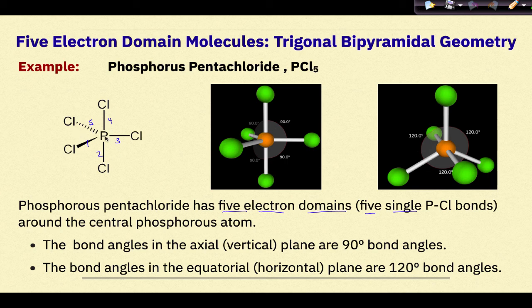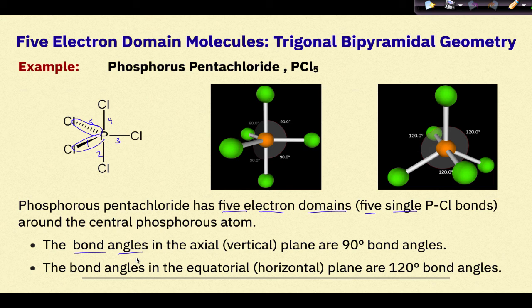In this particular model, the lines that are straight up and down and over to the side are directly on the page, while this representation is supposed to convey the idea of the Cl going back into the page, and this representation is the Cl coming out of the page. So a little bit more of an example of how to make a Lewis structure more three-dimensional.